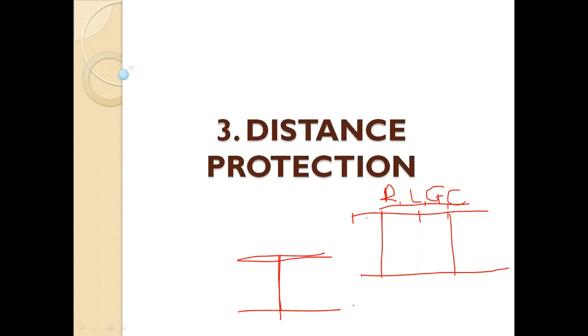But here we are considering the impedance, reactance, conductance, capacitance, etc. Because these are the parameters of the transmission line. This R is the resistance, this L is the inductance, G is the conductance, and C is the capacitance.